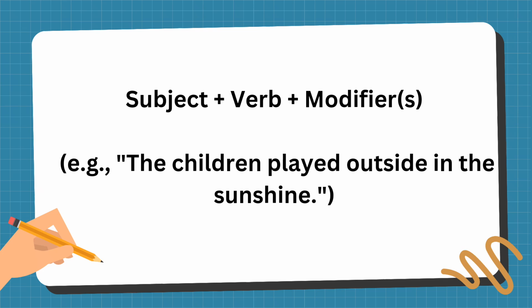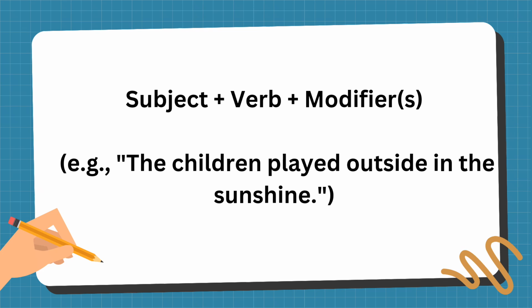Also, a simple sentence can have a subject plus a verb plus a modifier or modifiers. Example, the children played outside in the sunshine. Our subject is the children, played is the verb, outside in the sunshine is the modifier, modifying the verb played.